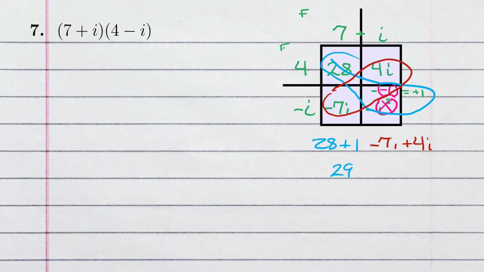For our imaginary part, -7 plus 4 is -3i. And then we just go ahead and write that as our answer. 29 minus 3i is your answer. So again, you're combining real parts and combining imaginary parts, but it's only after you multiply.